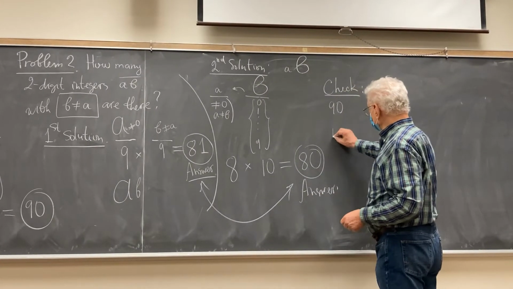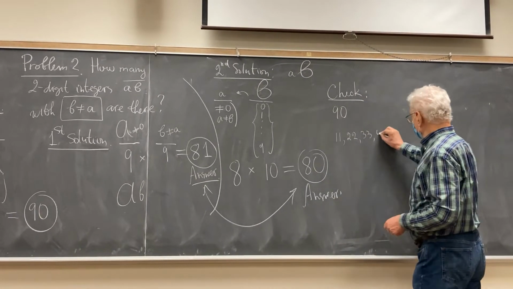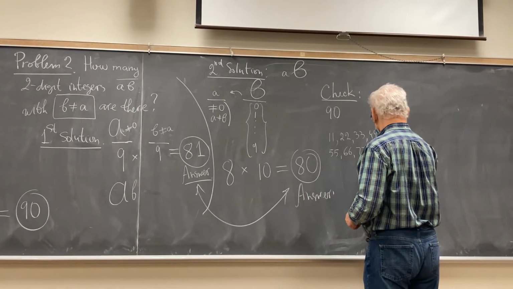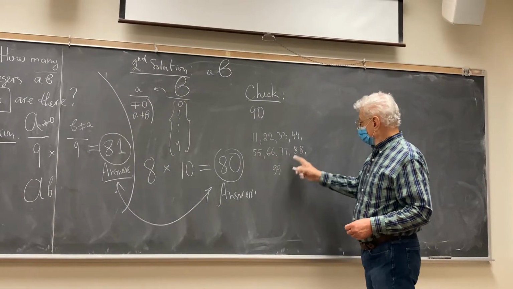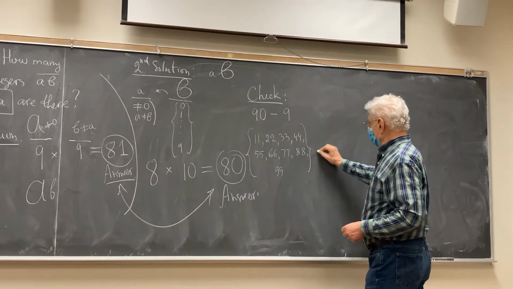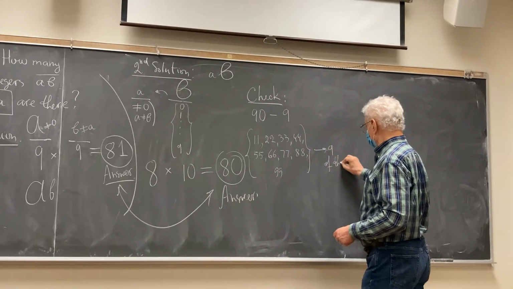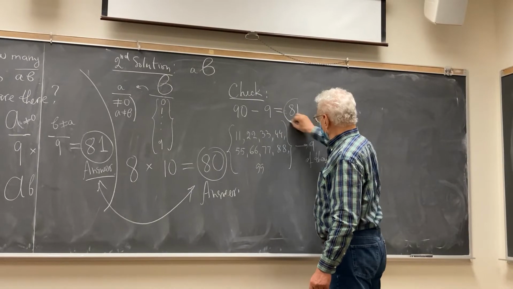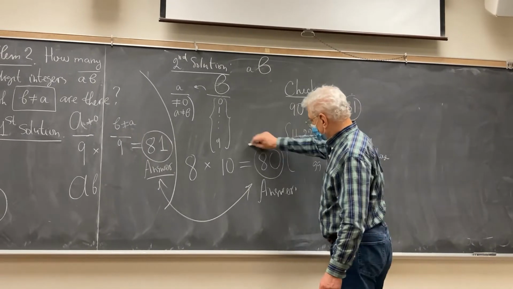So what numbers have equal digits? 11, 22, 33, 44, 55, 66, 77, 88, and 99. How many? 4, 4, 8, 9. So total is 9. So 90 minus 9 is 81. Okay, now we know that 81 is the correct answer, and the other answer is incorrect.